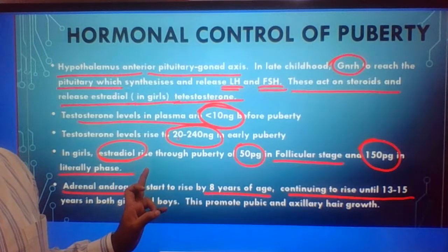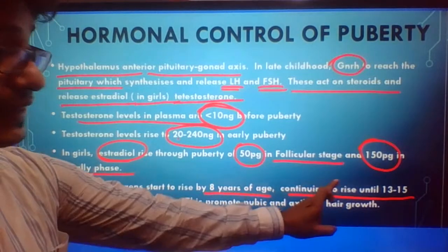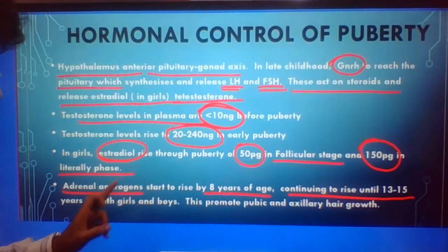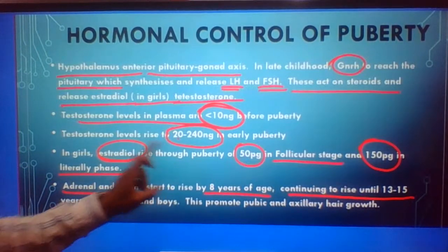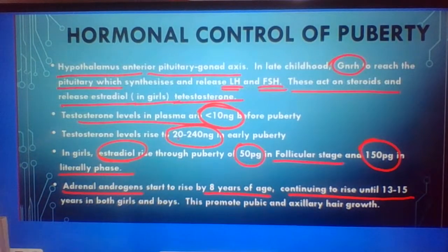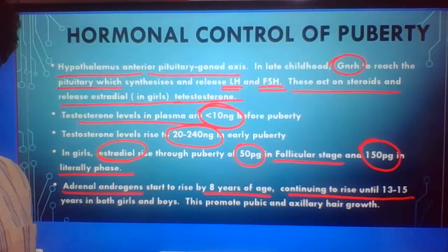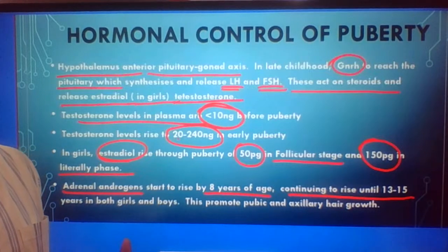In the adrenal cortex, you could see the androgens, which also play a very important role in producing secondary sexual characters, both in males as well as females. Before you ask a question: sir, if the pituitary gland is not there, will the sexual characters cease completely?